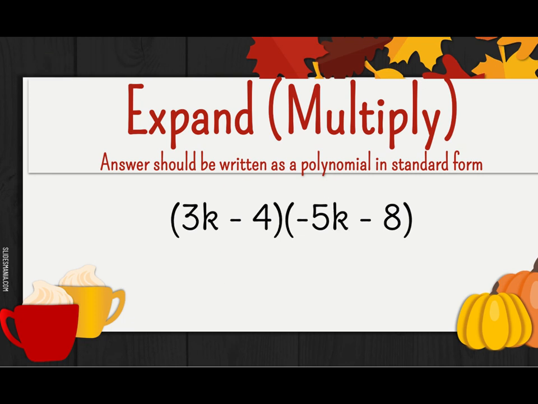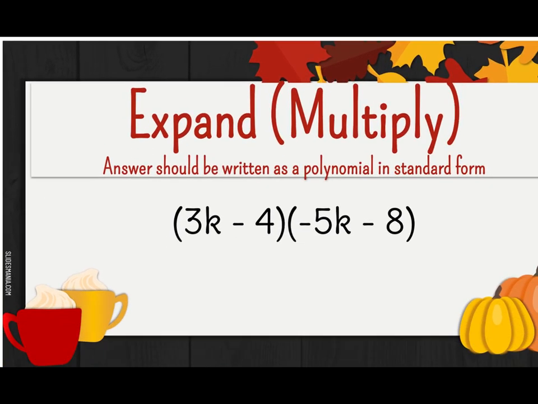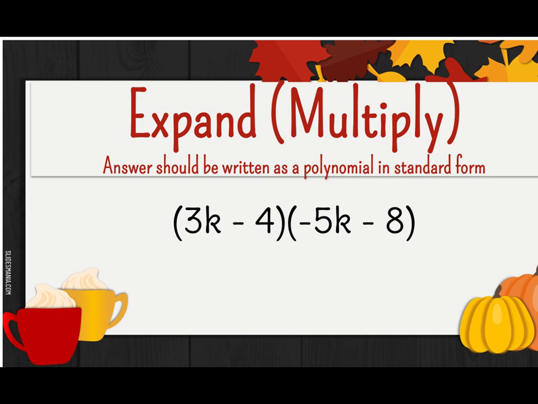And the last example that we're going to go through is still expanding, multiplying, writing our polynomial in standard form, but now we've just got some coefficients in front of our lead terms here. So it's still going to be that same process, and if you wanted to set up an area model, you could absolutely go ahead and do that, and I can kind of show you how to do that.